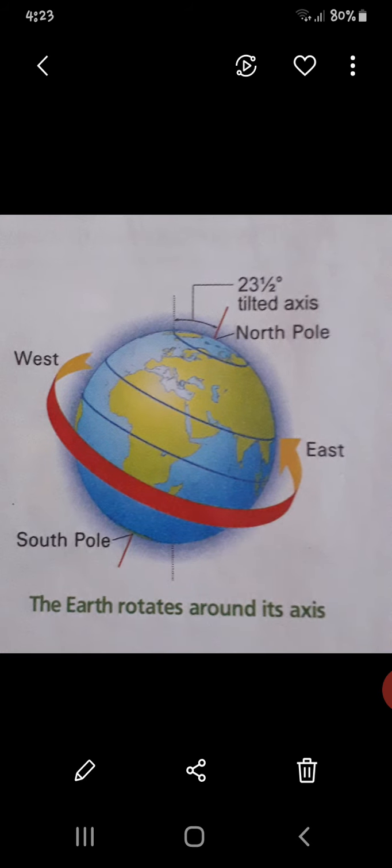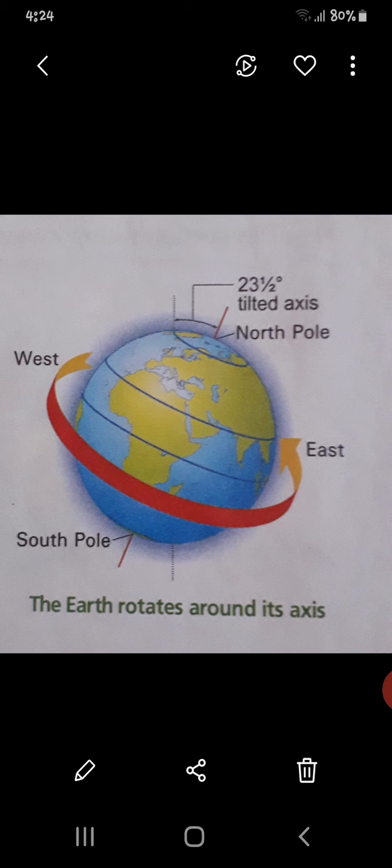So you can see the earth rotates from west to east. As the earth rotates from west to east, the places which are to the east of Greenwich are ahead of Greenwich time. Ahead means before. And those to the west are behind, back. So the sun rises in Delhi before it does in London.